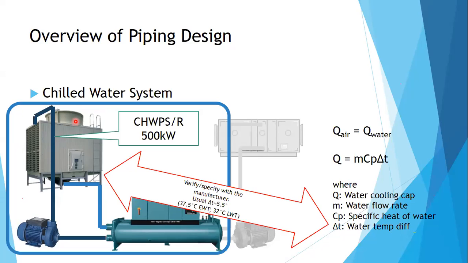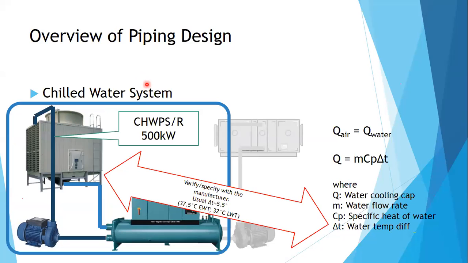Sometimes some designers or consultants would specify 5 degree delta T. Some would say 6, some would say 4, some would say 5.5. It's up to the designer and up to the capability of the cooling tower manufacturer. The higher the delta T, the bigger the fan; the lower the delta T, the smaller the unit.